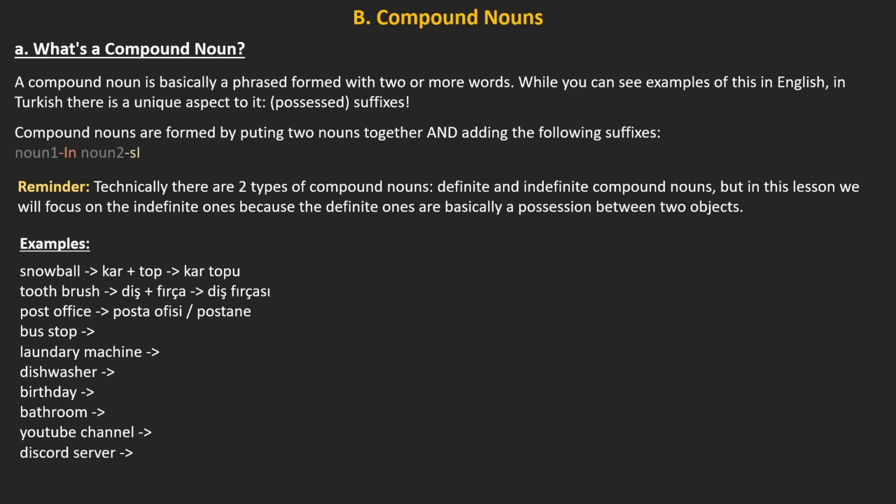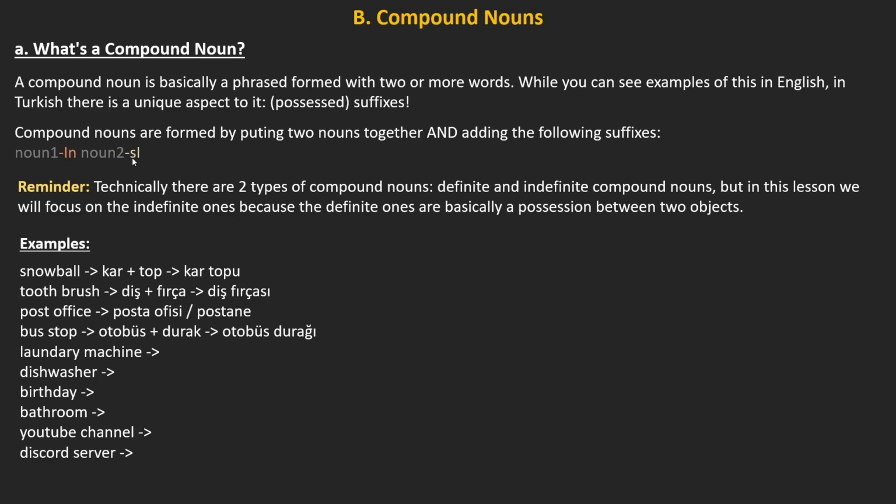And the next one, yes. So bus is otobüs, and stop in this context is durak. So we use this second suffix. Otobüs durağı. There's a consonant mutation because there's a K at the end and there's a vowel.